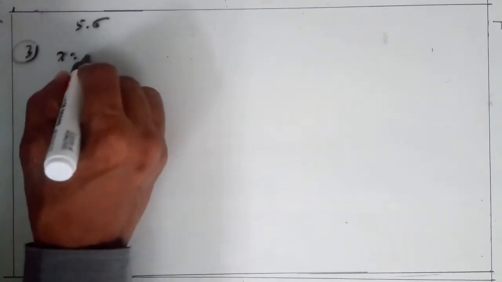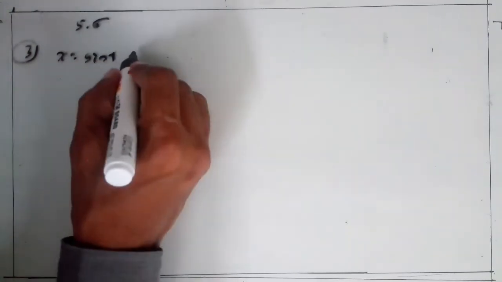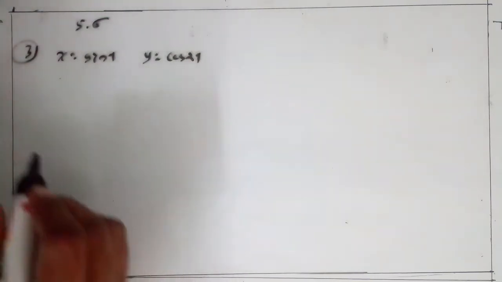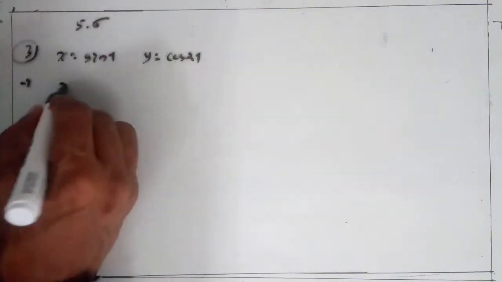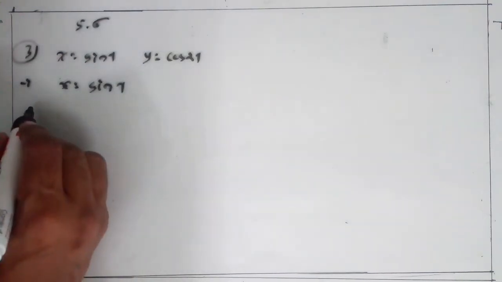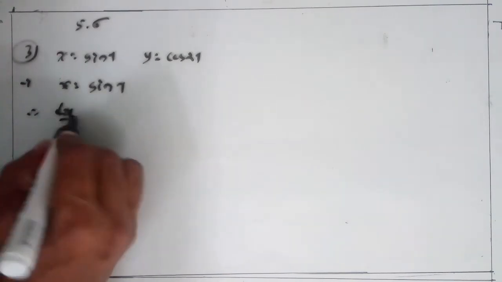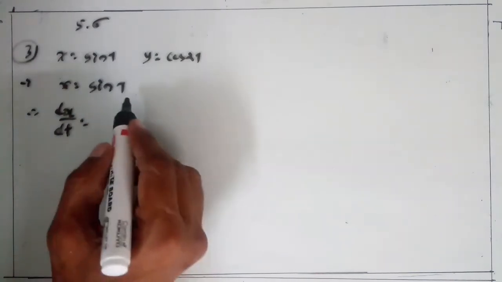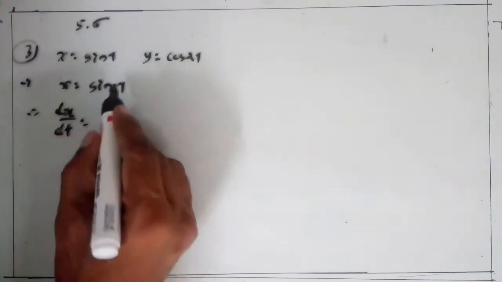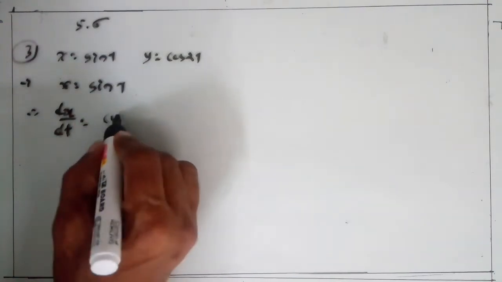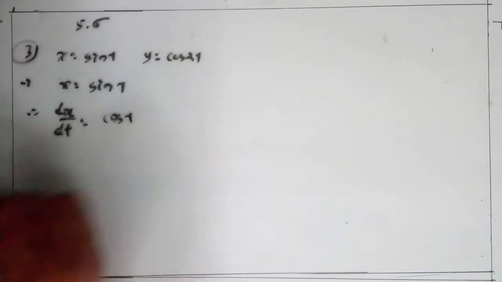x is equal to sin t, y is equal to cos 2t. Here for x is equal to sin t, first get the derivative of x with respect to t. So we get dx/dt, since we have the parameter t, the derivative of x with respect to t. The derivative of sin t is cos t. Clear?